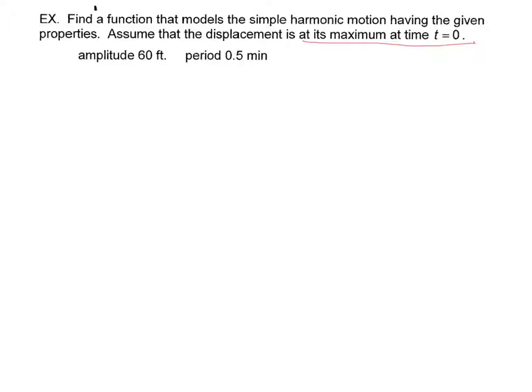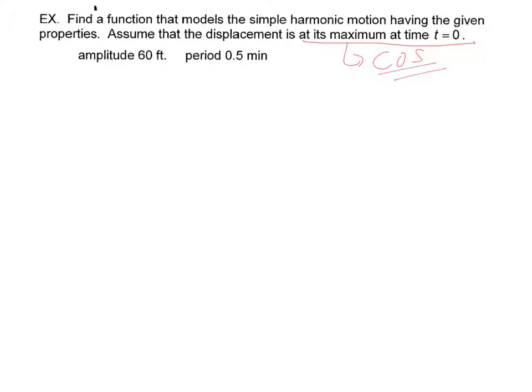That means when you're at 0, the graph is at its highest point. Well, the graph is at its highest point at 0 if it's a cosine graph. When time is 0, sine graphs are at 0. But cosine graphs start up at the highest. So we know it's a cosine graph.